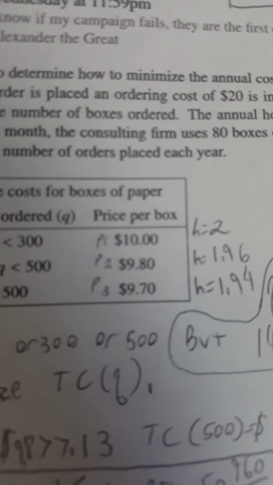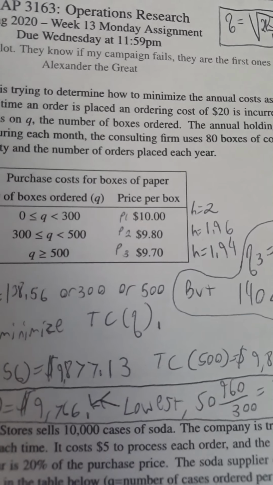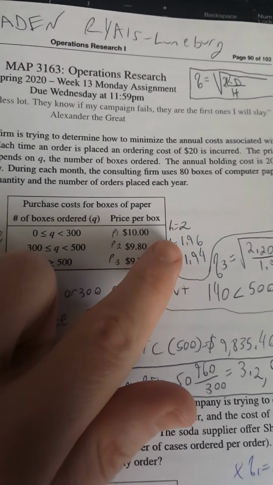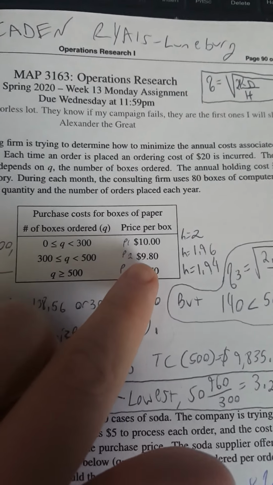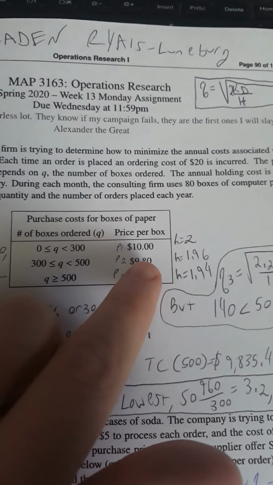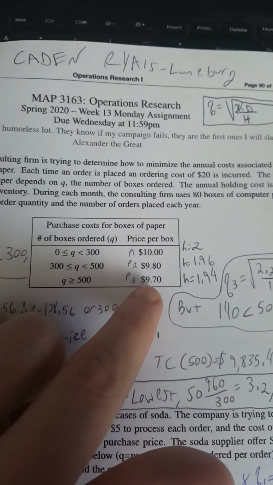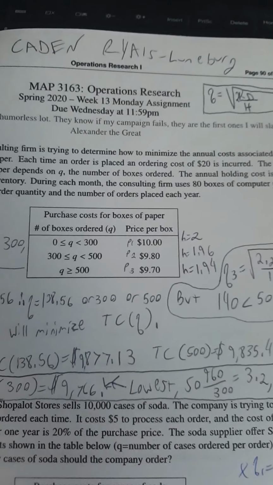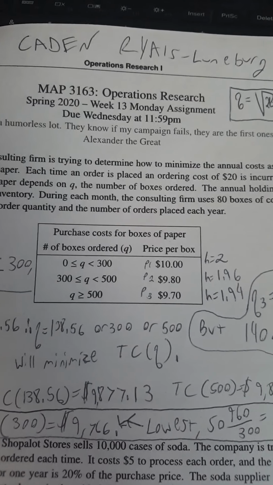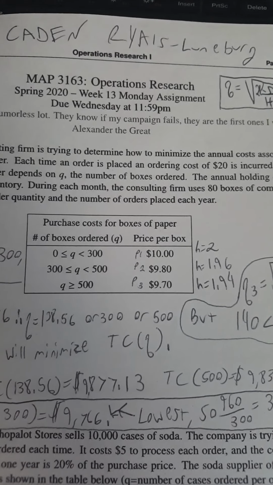So our three potential H's are 10 times 0.2, which is 2, 9.80 times 0.2, which is 1.96, and 20% of 9.70 is 1.94. So we're really going to have three different potential economic order quantities that we're dealing with.